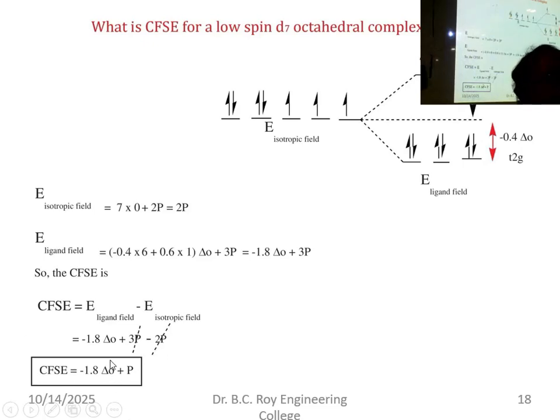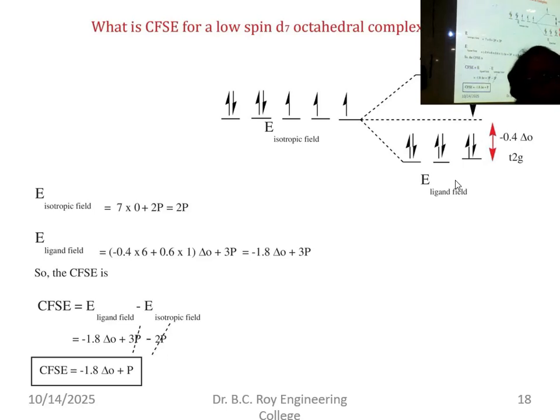Now delta O, why is the value not given? Because the splitting will depend on the ligand that you are using. That's why a specific value cannot be given. So a general formula is given, not specific values, because the splitting value will depend on what ligand you are using. If it is cyanide, you get a certain value for the same d7, same cobalt. D7 is cobalt, right?